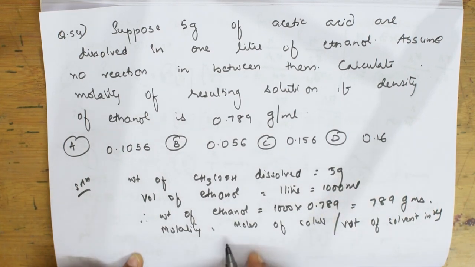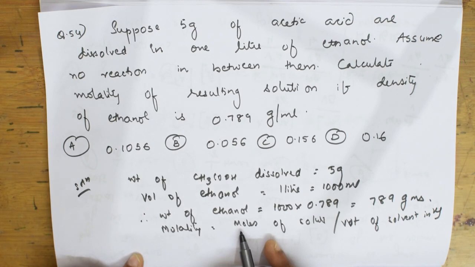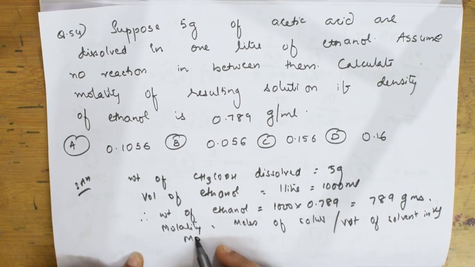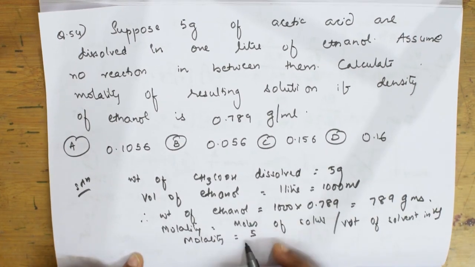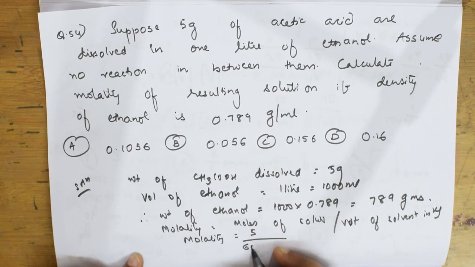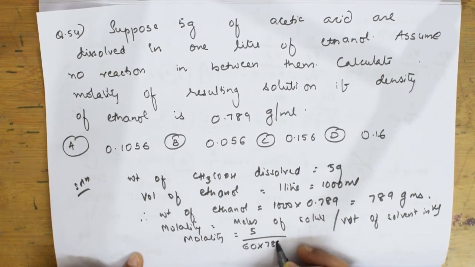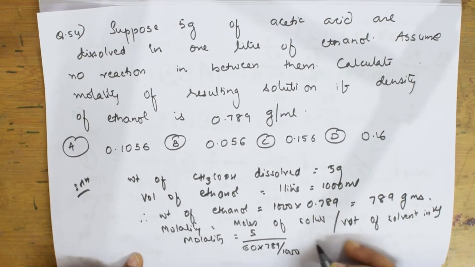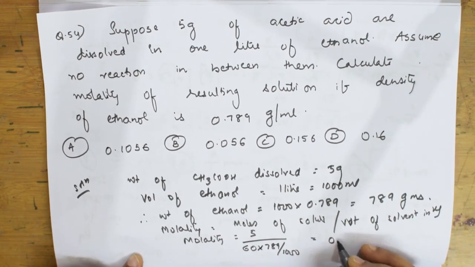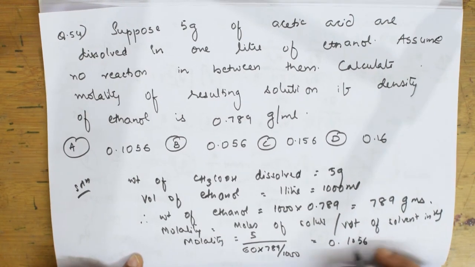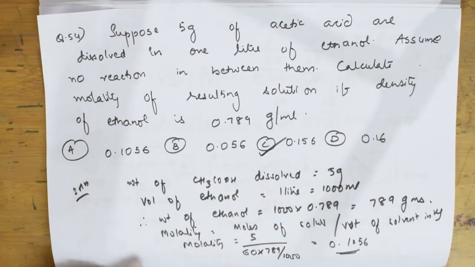Moles is weight by molecular weight. So molality is equal to 5 grams over the molecular weight of 60, into 789 divided by 1000 for the weight of solvent in kg. When I solve this, I get an answer of 0.1056. So the correct option is option C.